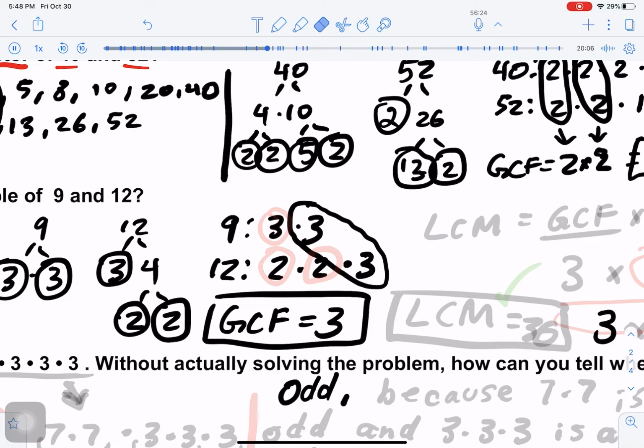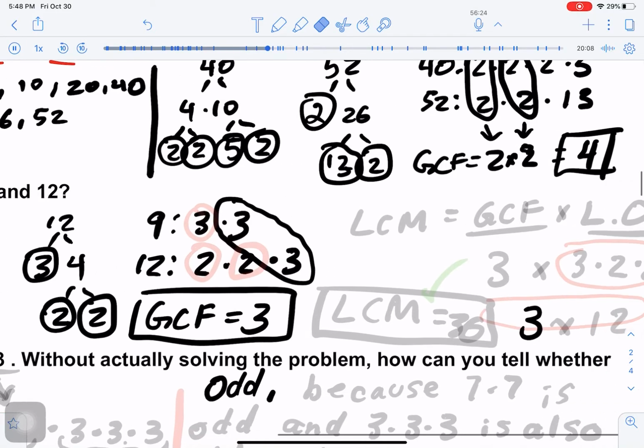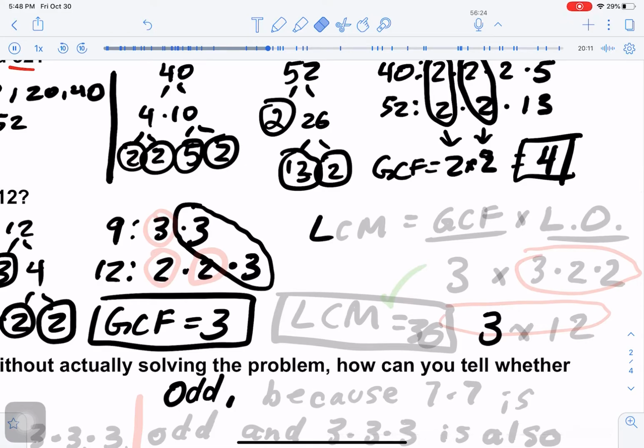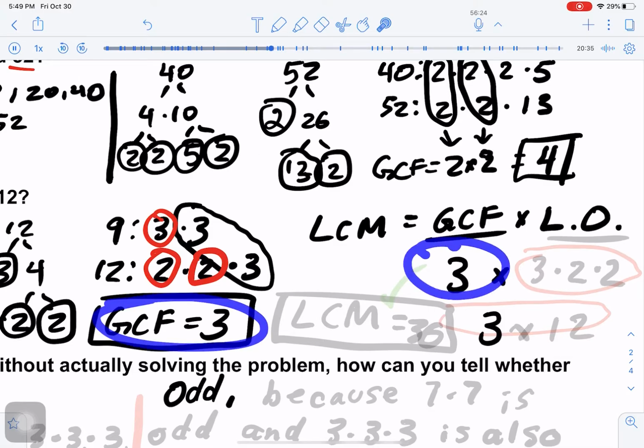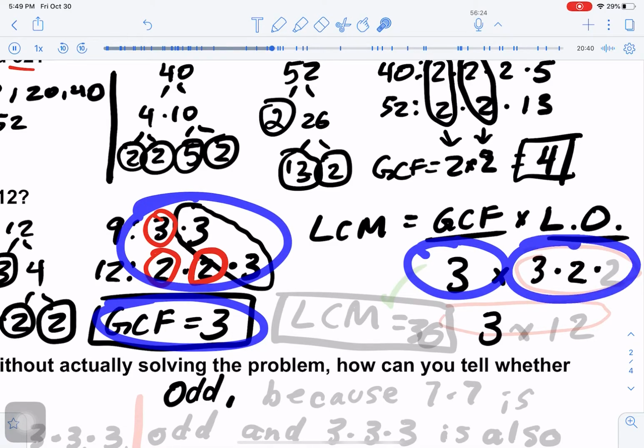Now that I've found my GCF, I can move on to my LCM, which I know is GCF times any leftovers. I'm just going to write that as LO. I know that my leftovers in my list are the numbers 3, 2, and 2. So for my GCF, I'm going to write 3 times the leftovers, which are 3 times 2 times 2.